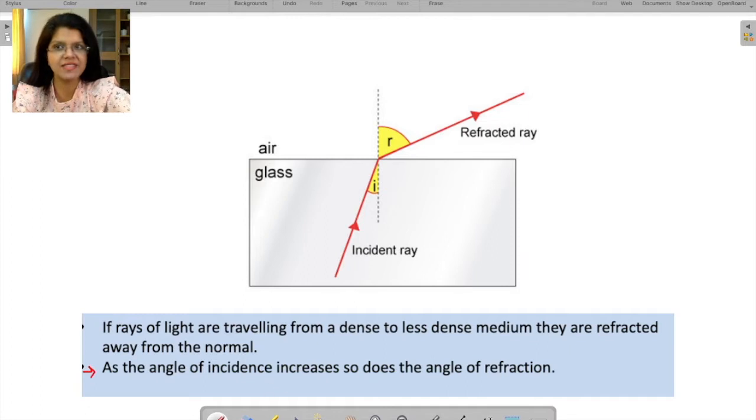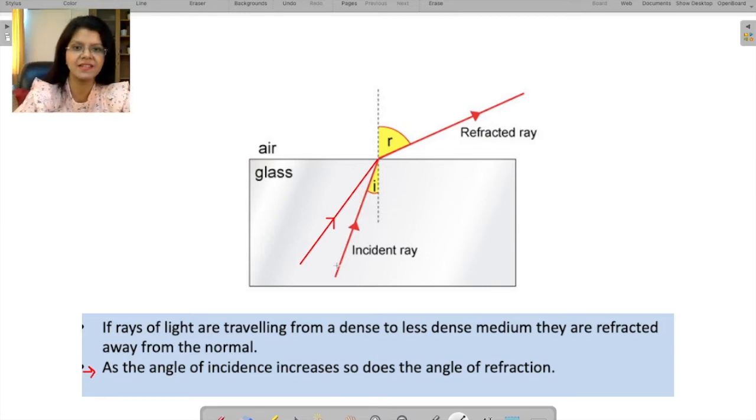As the angle of incidence is increased, so I am going to increase the angle of incidence. I am making another incident ray which is at a higher angle of incidence. If you see, the angle of incidence has increased, right?